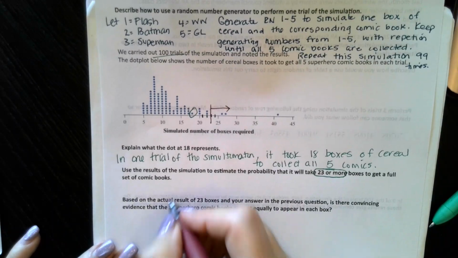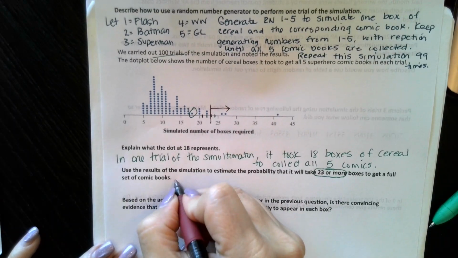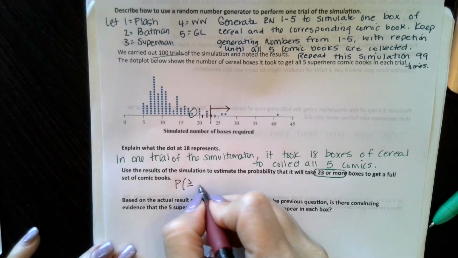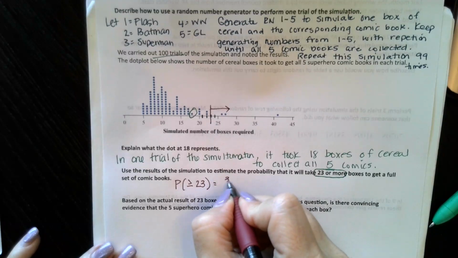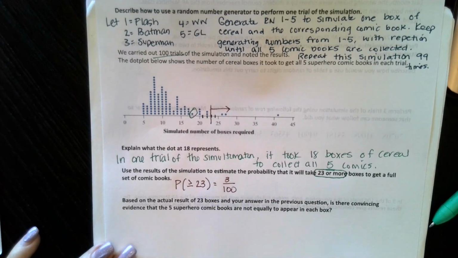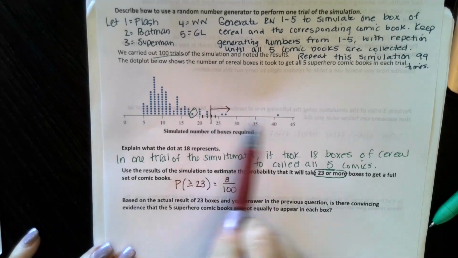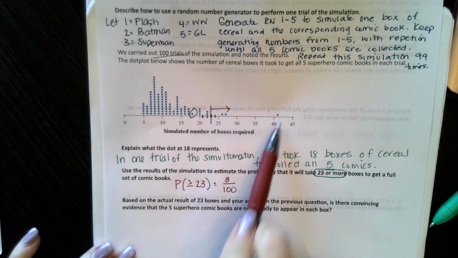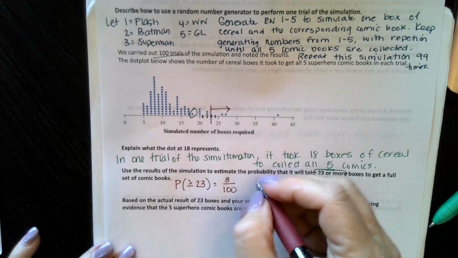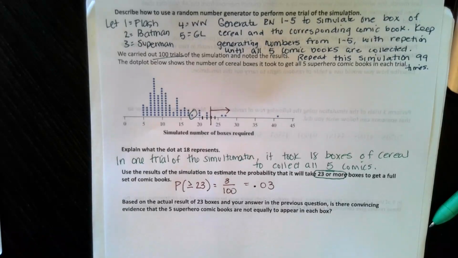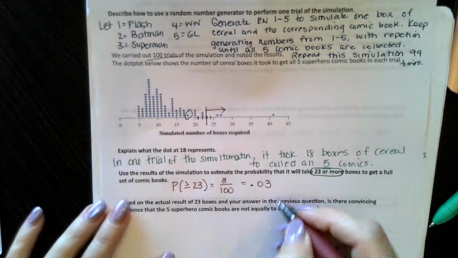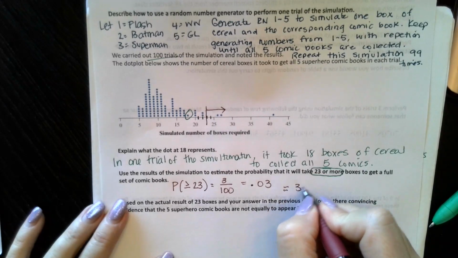And what that gives me is the probability that it is greater than or equal to 23 boxes is going to be 3 over 100. There were only 3 trials that were greater than 23. So 3 out of 100 would be 0.03. Now this 0.03 is the same as 3%.